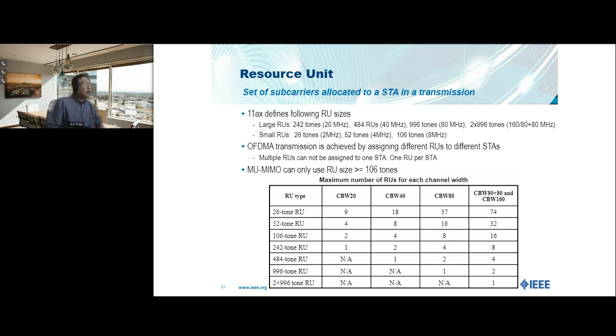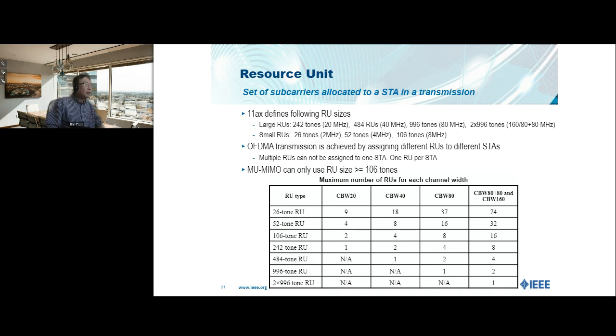We have RU sizes of 26 tones, 52 tones, and 106 tones, roughly corresponding to bandwidths of 2, 4, and 8 megahertz. As mentioned, in OFDMA transmission, each station is assigned to one RU.